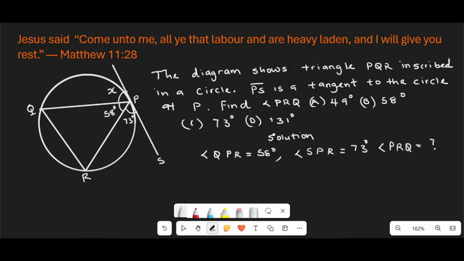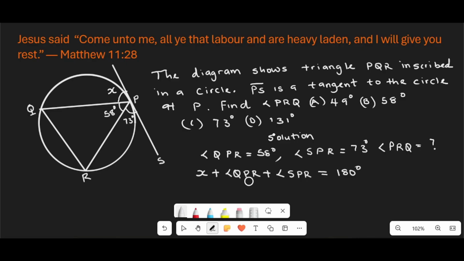So we can say angle X plus angle QPR plus angle SPR equal to 180 degrees.